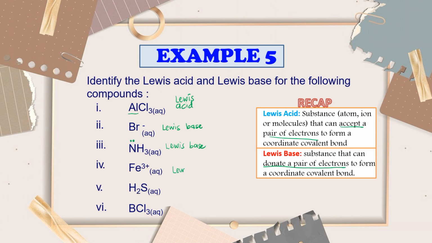So this is a Lewis acid. H2S actually has 2 lone pairs on the S atom, so it can react as a Lewis base, donating a pair of electrons. BCl3 has an incomplete octet, so this is a Lewis acid.